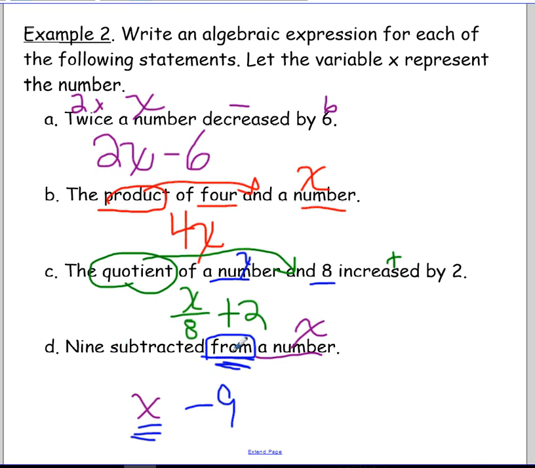So 9 subtracted from a number would be x minus 9. And if you put in a number in there, it makes sense. If you think of 9 subtracted from 10 is 1, so you would have to write the subtraction as 10 minus 9 to get that 1. So don't let that wording throw you off there when you have subtracted from. You know that you have to switch the order that it appears in the words.